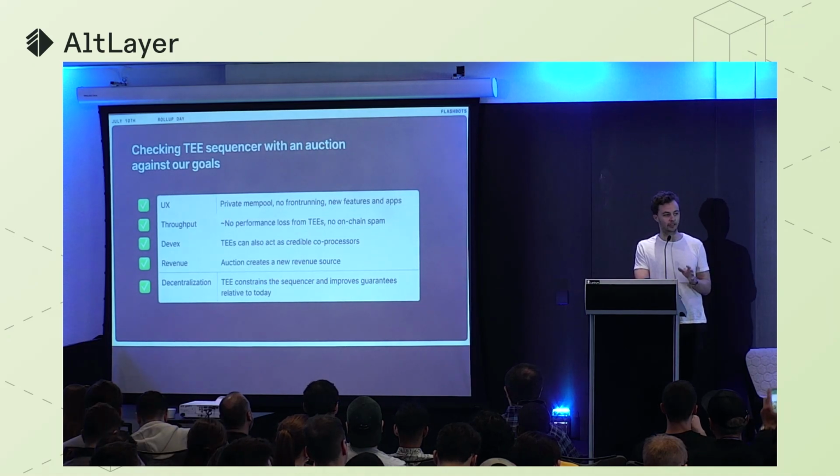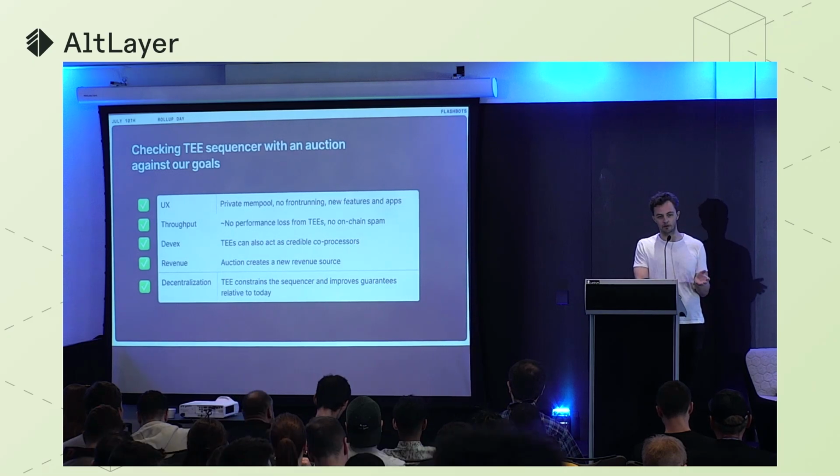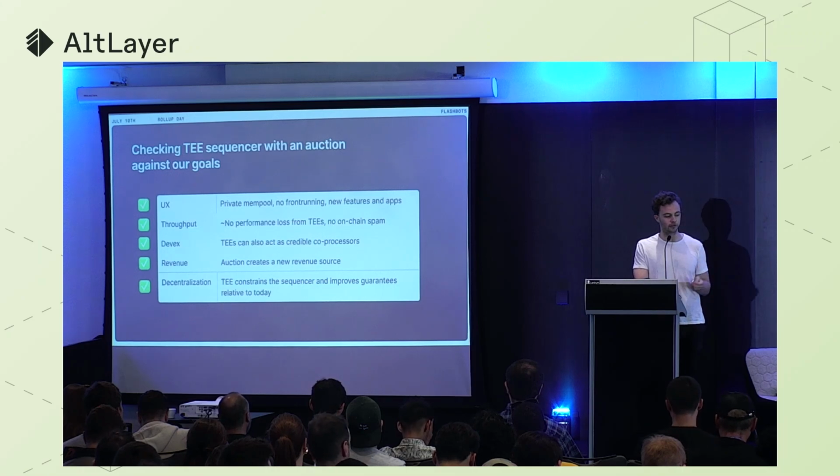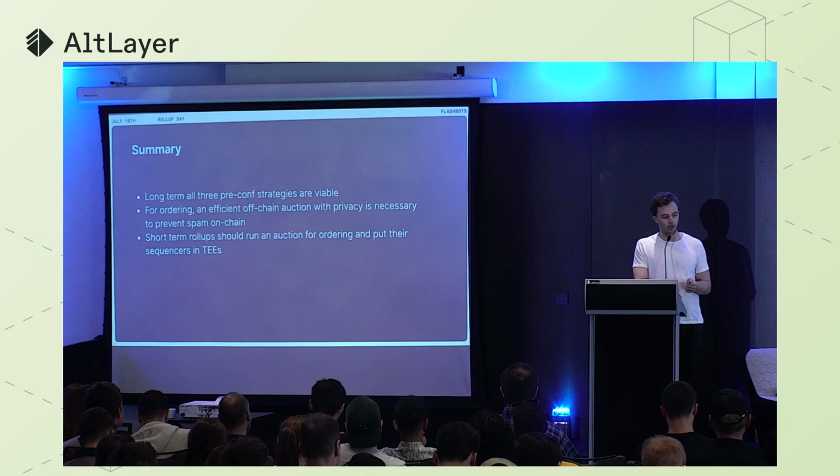Your TEEs can act as coprocessors too, which we didn't talk about that much, but I'll throw that out there on DevX. You get more revenue from the efficient auction that you've made, and it constrains the sequencer and improves its guarantees relative to today because the TEE can't lie to you about pre-confirmations, as an example, and you have multi-proofs too. And so it even helps with decentralization. So we think this is really a home run with few downsides here. The big downside being you need to trust the manufacturer of the hardware of the TEE.